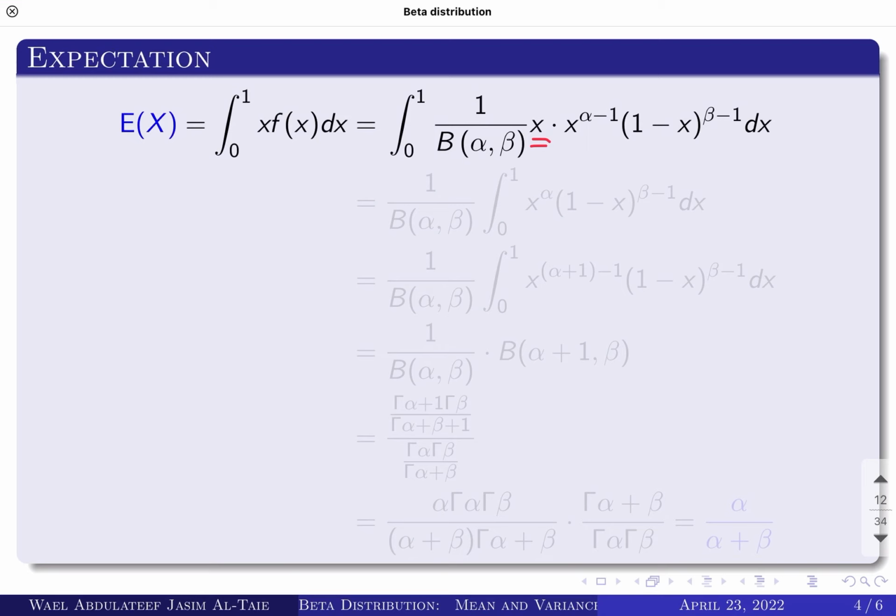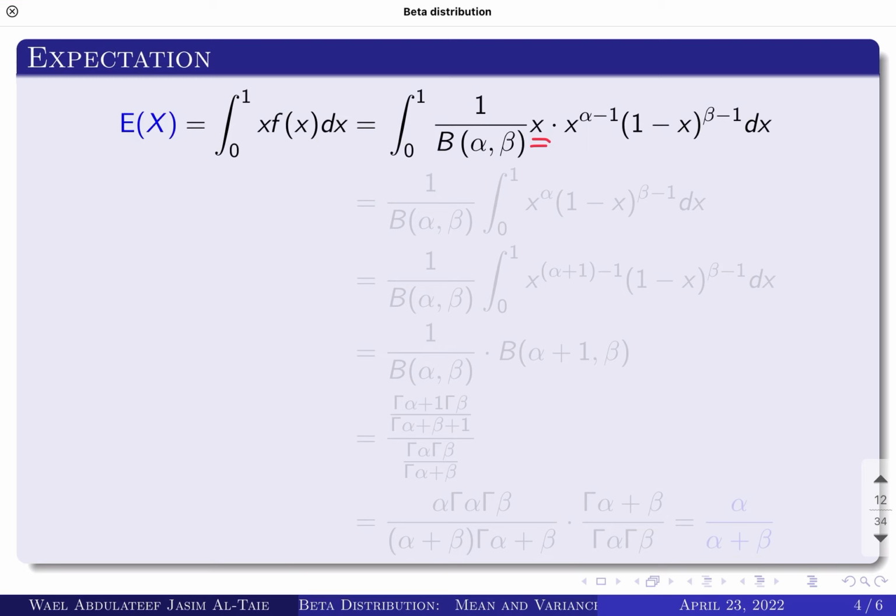When we multiply these, they have the same base. One of them has power 1, and the other has power alpha minus 1. So that gives just x to the power alpha.